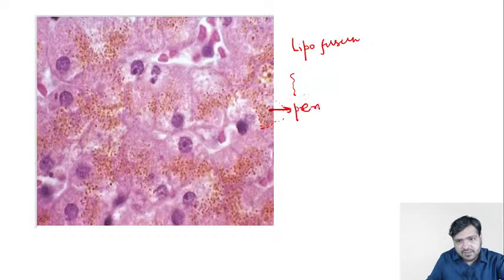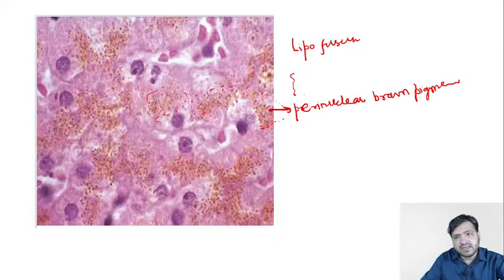Just outside the nucleus you're able to visualize these brownish dots. These are the perinuclear brown pigments, that's the lipofuscin.